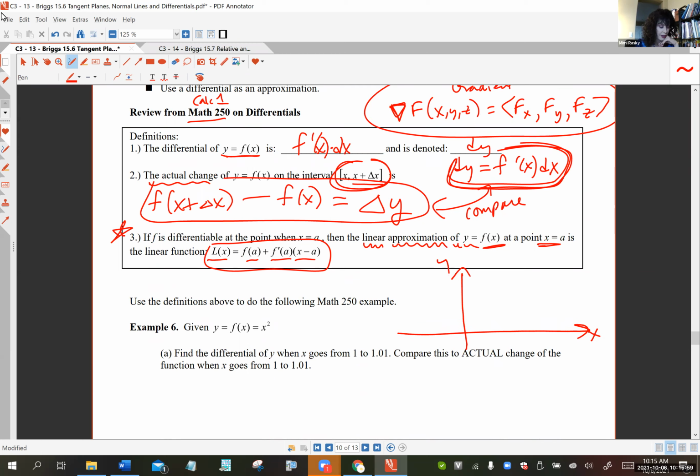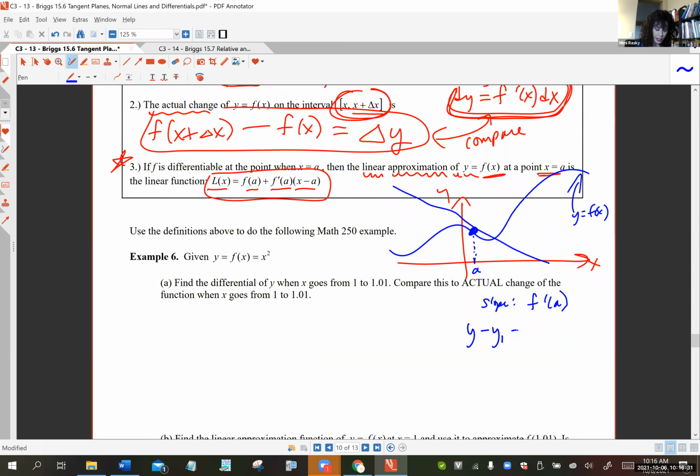Draw a picture. So back in your Calculus 1 days, you had, say, the graph of y equals f of x, some lovely curve. And somebody might have said, hey, I want you to give me the equation of a tangent line at the point when x is equal to a. And you would do that. You would first get the slope, and the slope was f prime evaluated at a. And then you would use the equation that you learned from an algebra class.